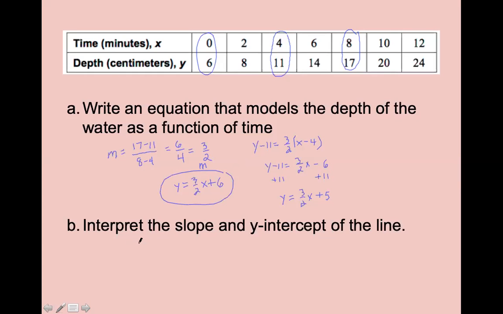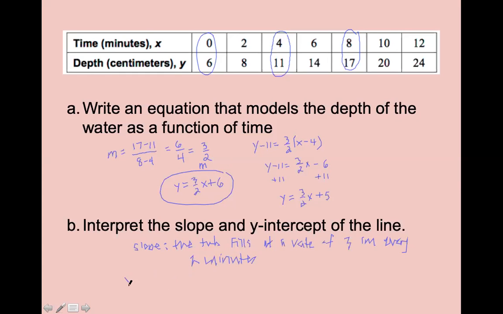So our slope would be, and this is our interpretation here, the tub fills at a rate of 3 centimeters, because it's going in centimeters, every 2 minutes. Hope you can read that. I don't know why it's being so choppy. All right, it fills 3 centimeters every 2 minutes. That's what that slope means.